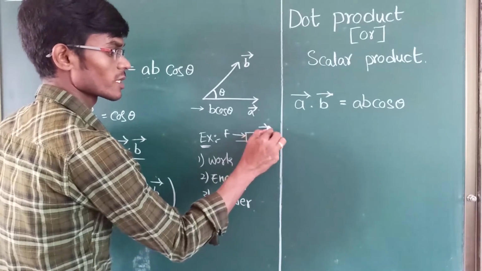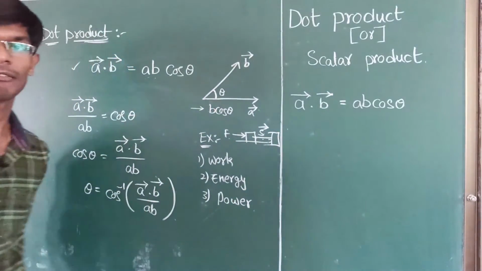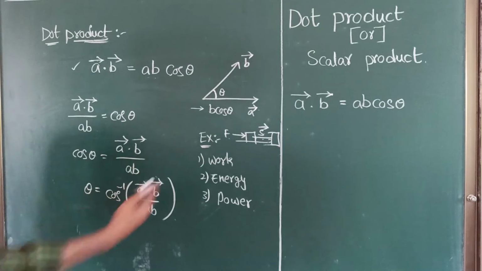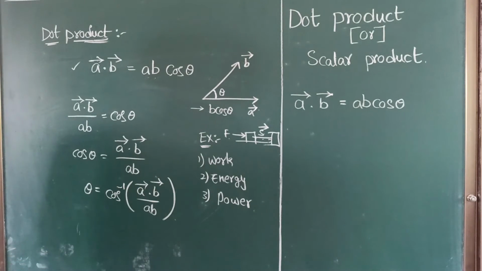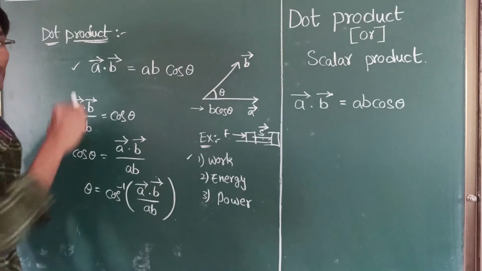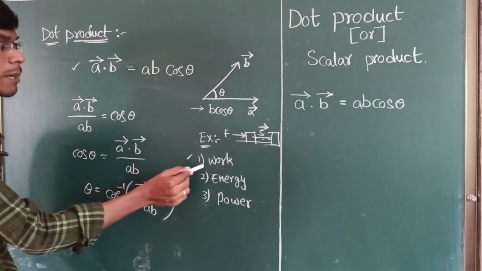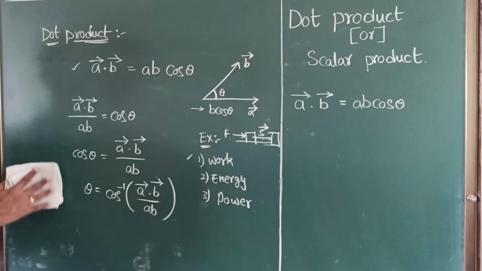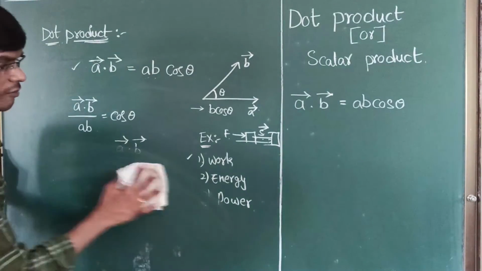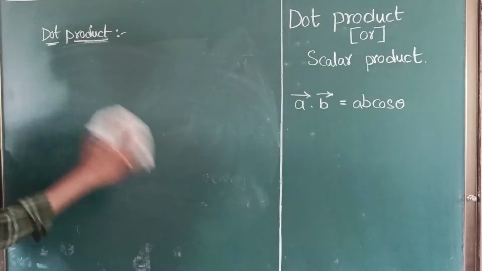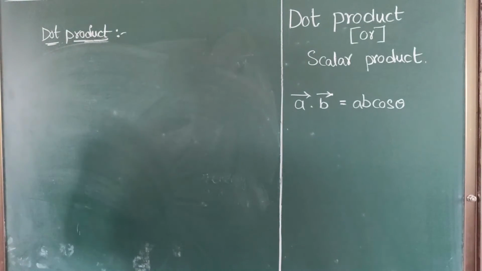So force is a vector and displacement is a vector, but depending upon the angle or the direction of the force applied, the work can be represented as a scalar quantity, so the dot product is applicable for work. Okay, so work, energy and power are some of the examples of dot product. See here, if we consider a bar and b bar are two vectors.